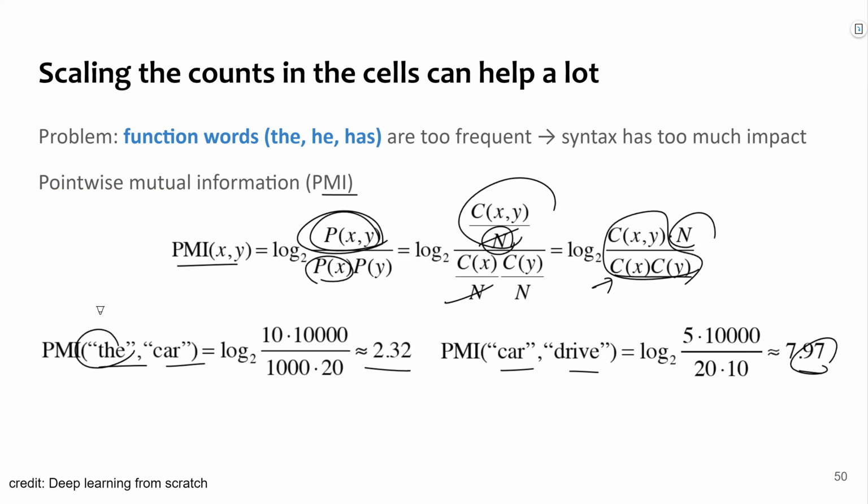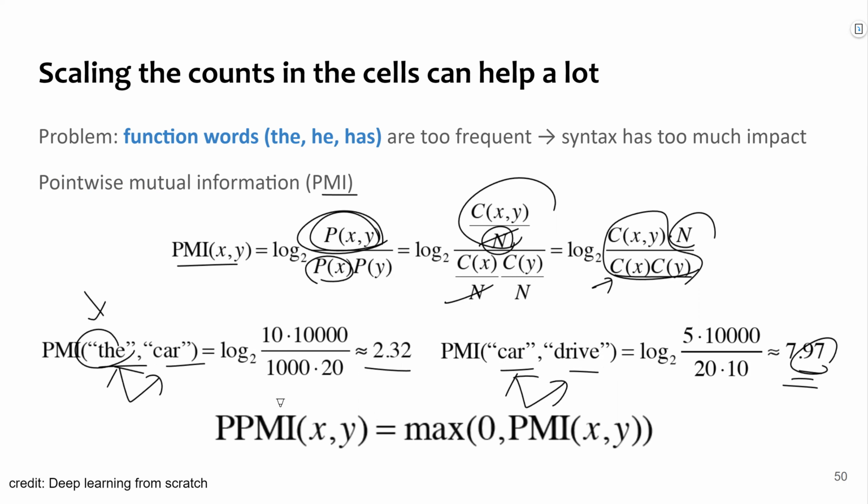Although "the" is quite frequent, and the co-occurrence between "the" and "car" should be more than between "car" and "drive", the PMI is higher for "car" and "drive", as we expected. This is because of normalization. And we sometimes use positive PMI because PMI could become negative and we don't want negative values.